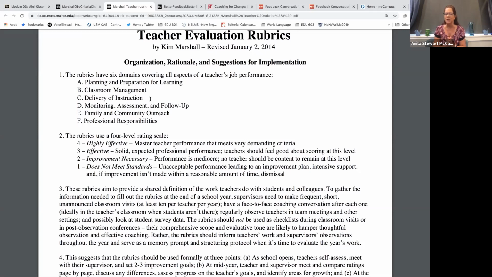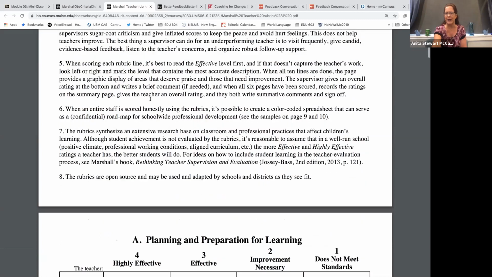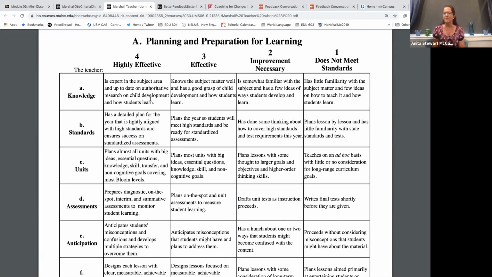And within the domains, he has a number of elements that he uses to further break those domains down. So we're going to look at that in just a moment. Well, let's do it now, for instance. So with A, planning and preparation for learning. So that's one of the big domains.